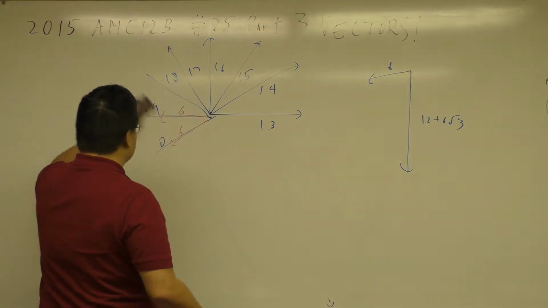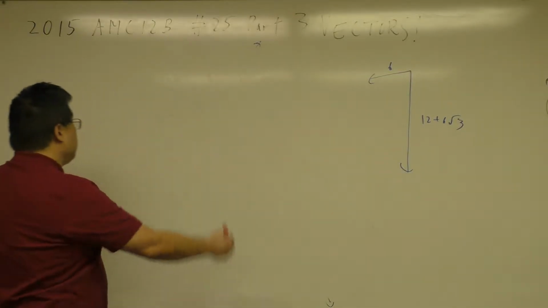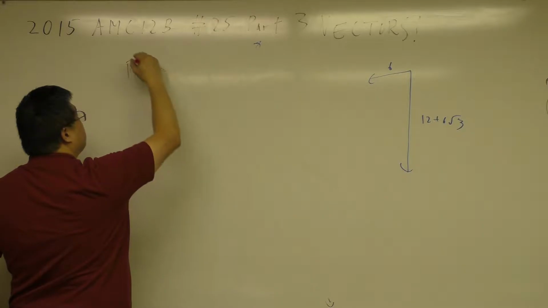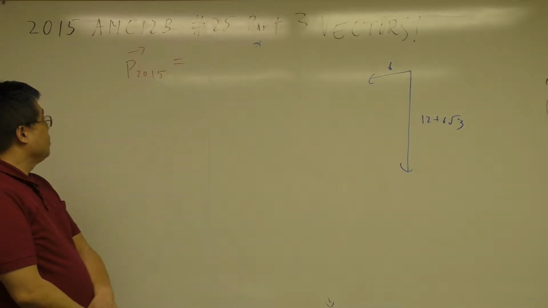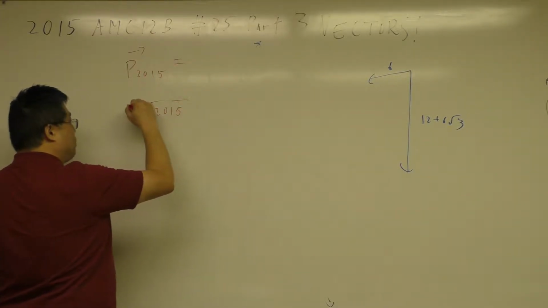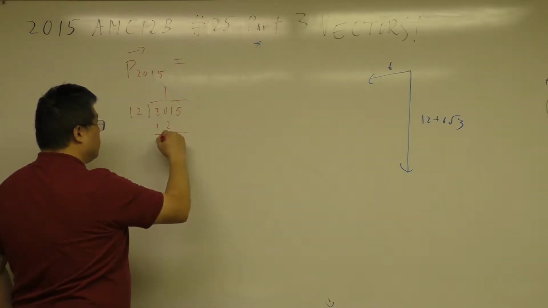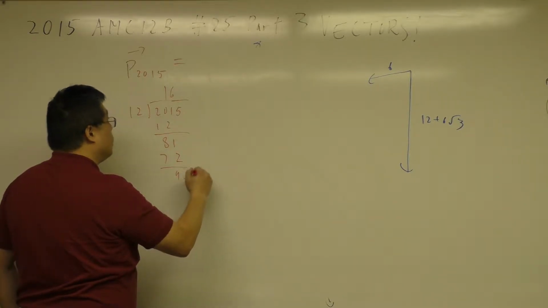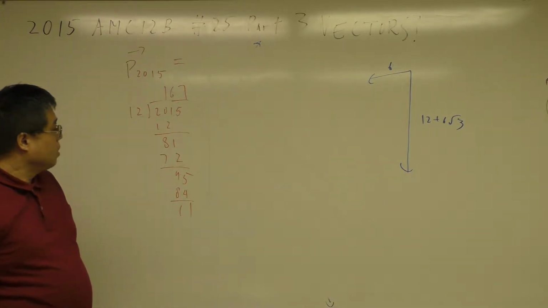So from this, we can think of P2015 as, there are two ways to think about it. The reason again is that because 2015, when you divide that by 12, it is 1 like this.